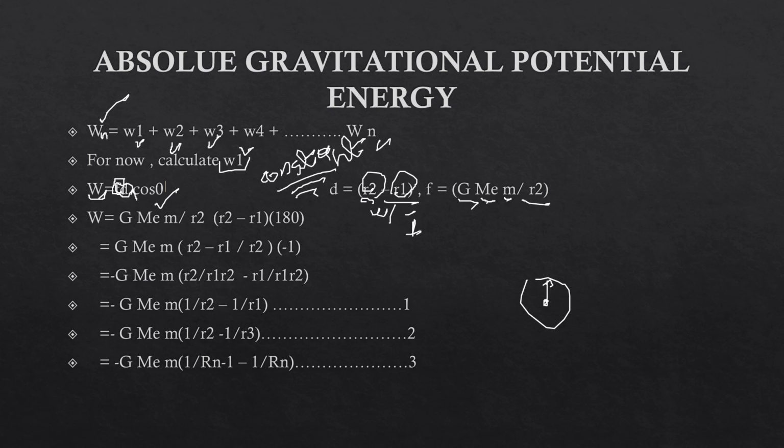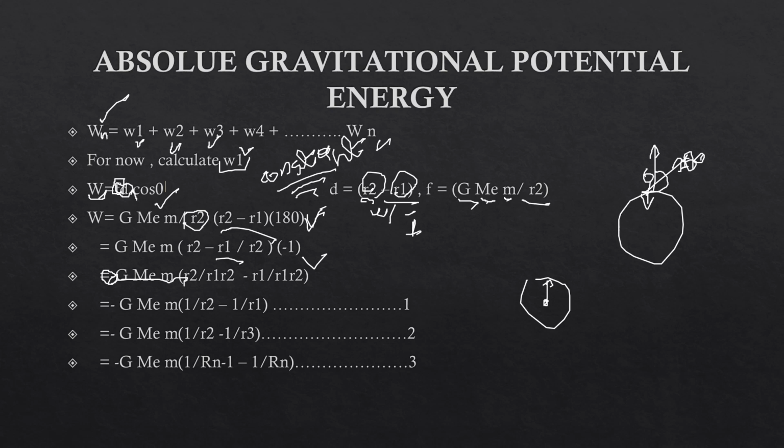Now a body is standing here. The gravitational force is downwards and the displacement is upwards, so theta here is 180. We write theta as 180. Now cos 180 is equal to minus 1, so the whole value of G would be taken as minus.